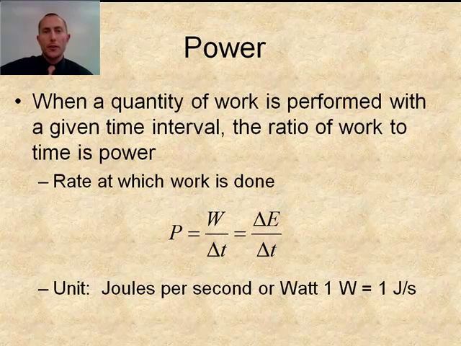And you've probably heard the term watts when talking about light bulbs, or being used to describe light bulbs. And it has the exact same meaning. When we're talking about wattage of light bulbs, we're talking about how much energy they use up in a given period of time. So a 65 watt light bulb uses 65 joules of energy per second.